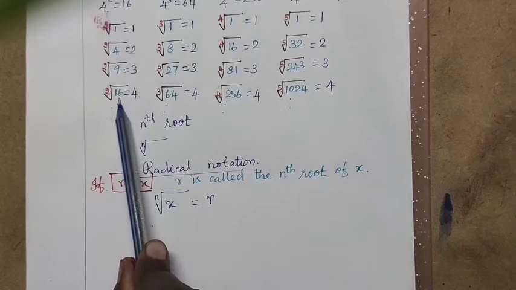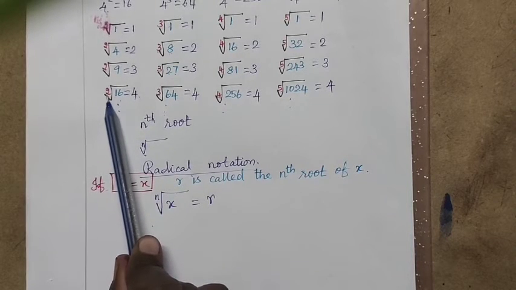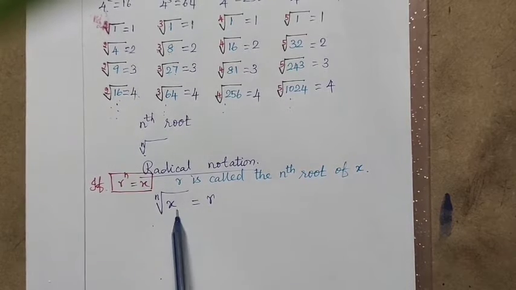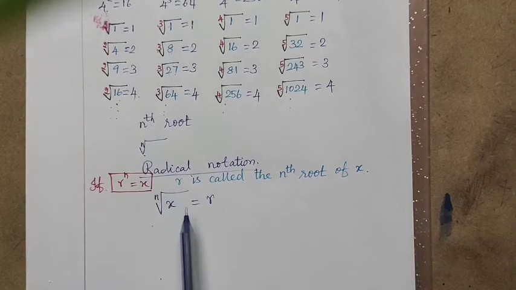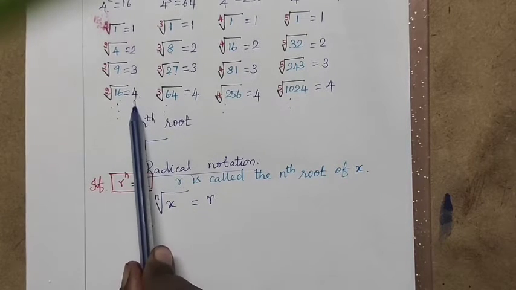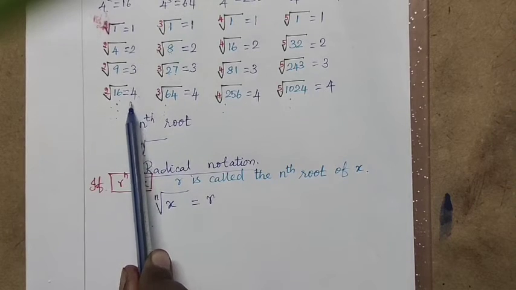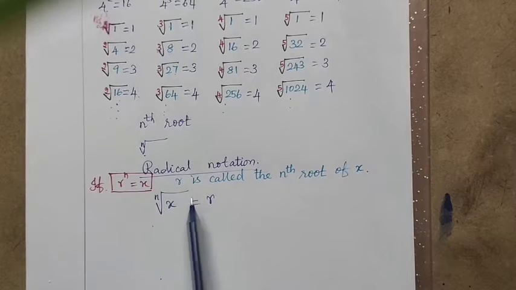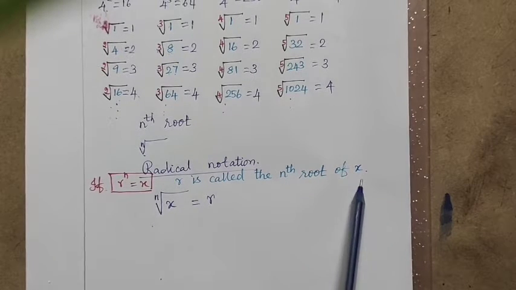Already we have seen, 2 is n, 16 is x, 4 is r. 4 is the square root of 16. R is the nth root of x.